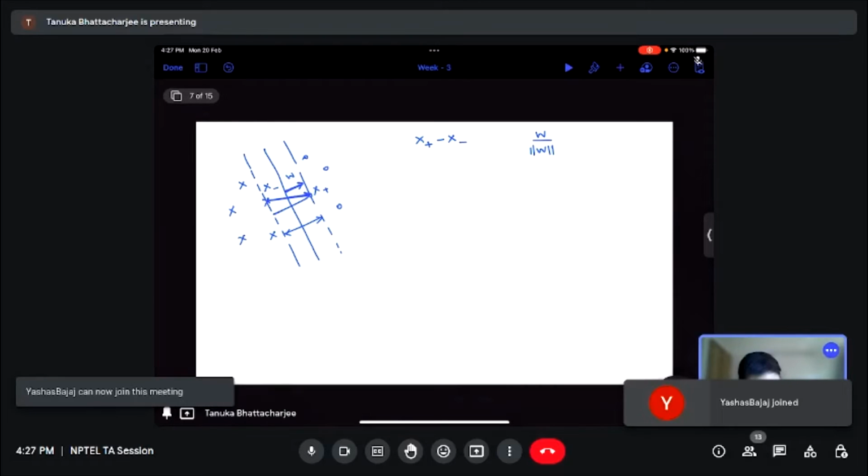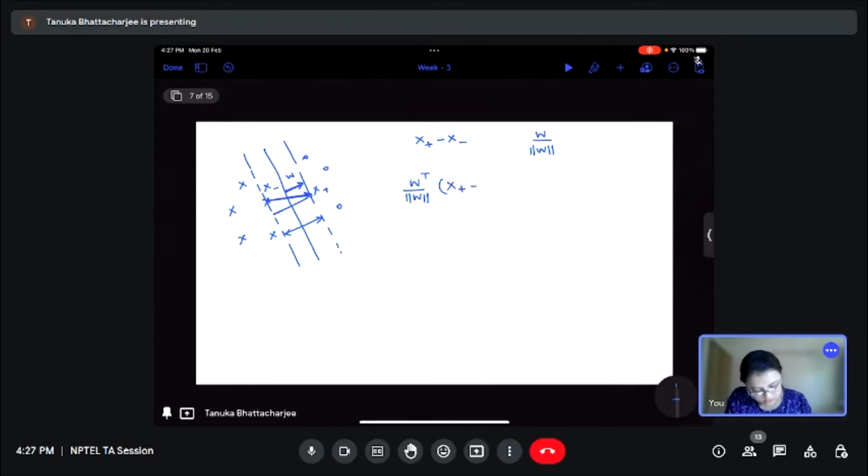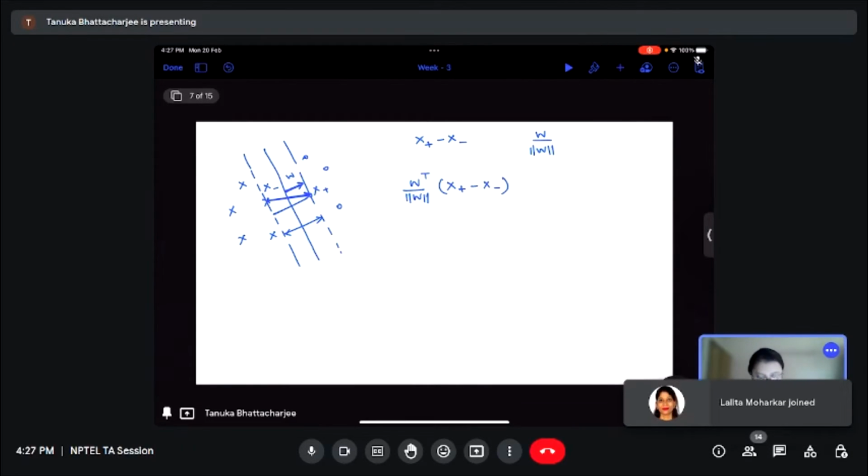So we do W transpose over norm of W times x plus minus x minus. This is our margin.